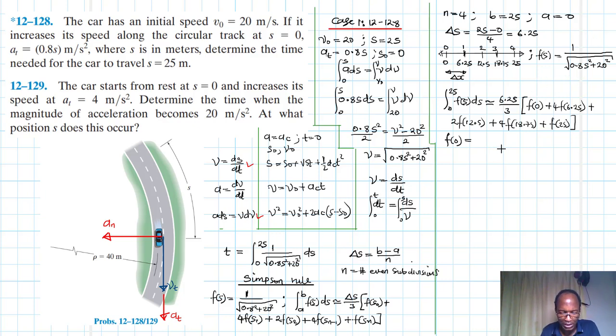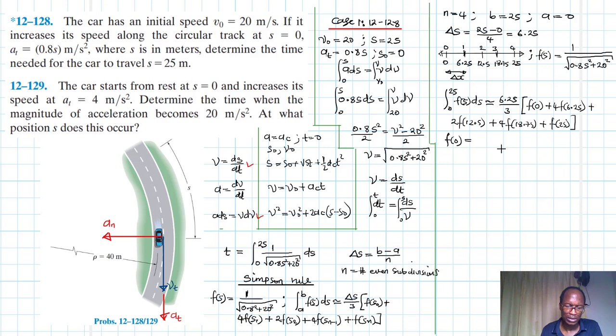So 1 divided by root of 0.8 times, in brackets, 0 squared plus 20 squared, and then we close bracket.